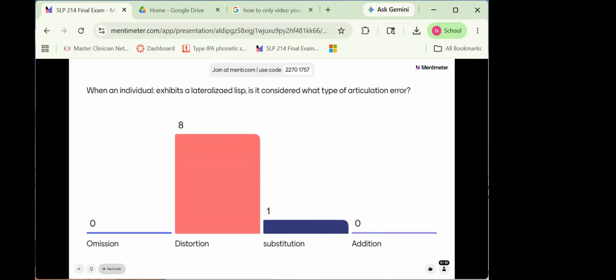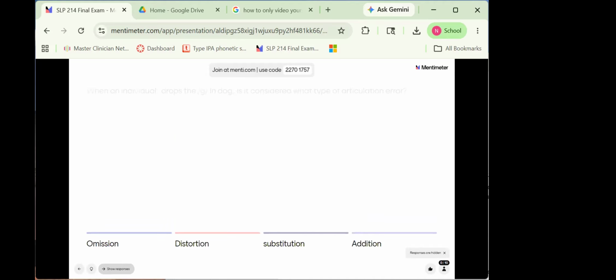So we're changing a sound there, but it just doesn't sound right, right? Substitution would be you're saying a whole different sound. When an individual drops the g in dog, it is considered what type of articulation error?